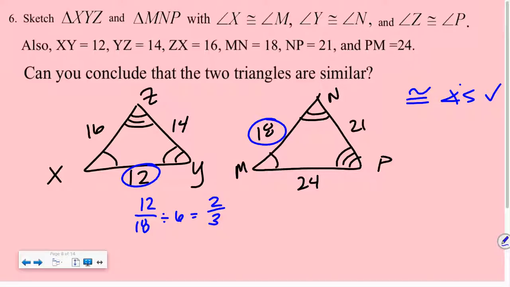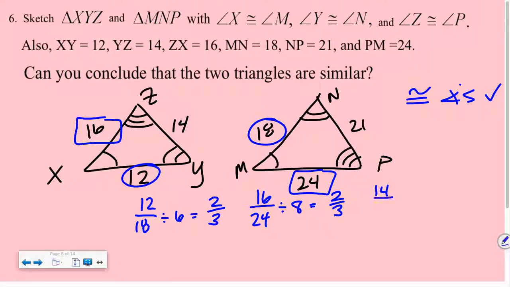What's the longest side of XYZ? 16, which would correspond with 24. Reduce these two by 8, and that would give me 2/3. And then check the remaining sides. 14 to 21, reduce by 7, and that would make it 2/3. Make sure you check all the sides. If the first two are in the same ratio, but the third one is not, then they're not similar. So make sure you check them all.